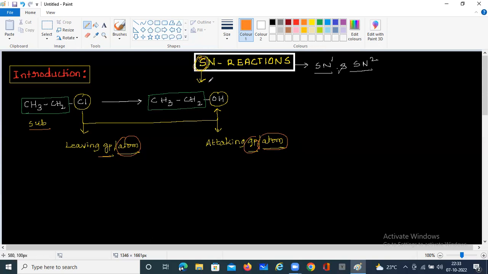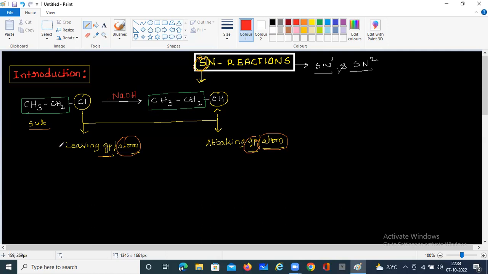So here this process is done with the help of a nucleophile that should replace it. Here the OH group should always be taken from NaOH. So this reaction is carried out in the presence of NaOH.